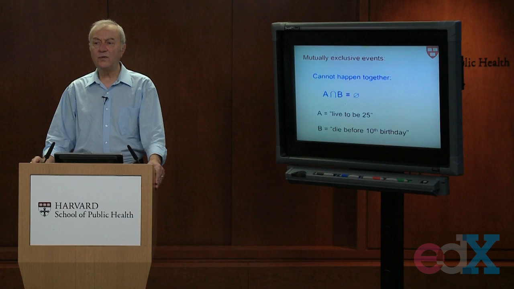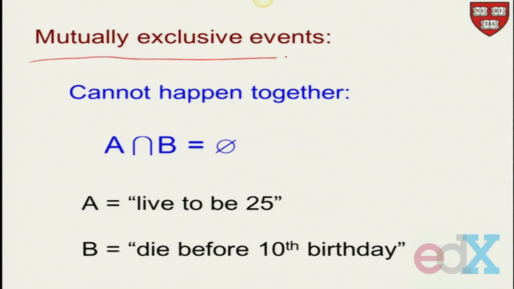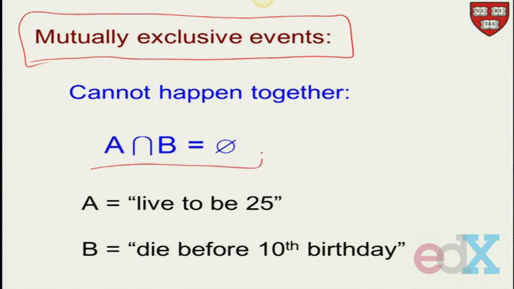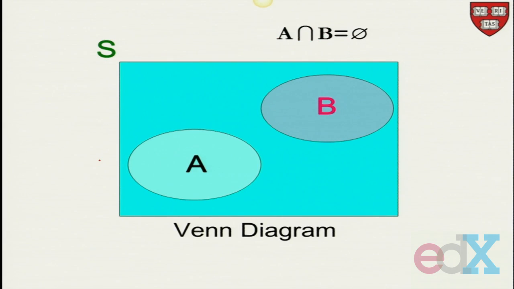This leads us to a very important set of events, and those are mutually exclusive events. The definition of a pair of mutually exclusive events is that they cannot happen together. So either one happens or the other, but you can't have both of them happening together. So here's an example, A, live to be 25, B, die before your 10th birthday, then you can't have both. All right? And with the Venn diagram, it means that they are separate.